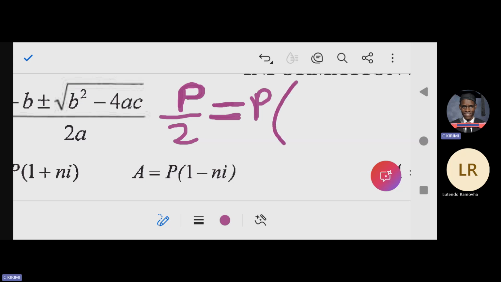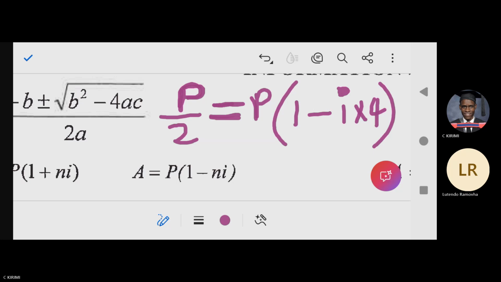So bracket 1 minus I times 4, where I is unknown. In this case, we must solve for I.